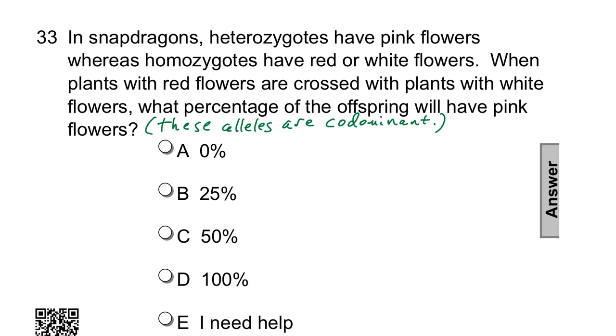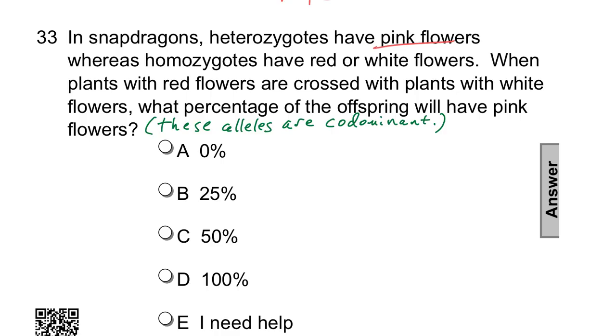Okay, so here's some questions. In snapdragons, heterozygotes have pink flowers. Okay, so let's do white and red. Since you have pink, it's going to be what? Incomplete dominance. So R is red.